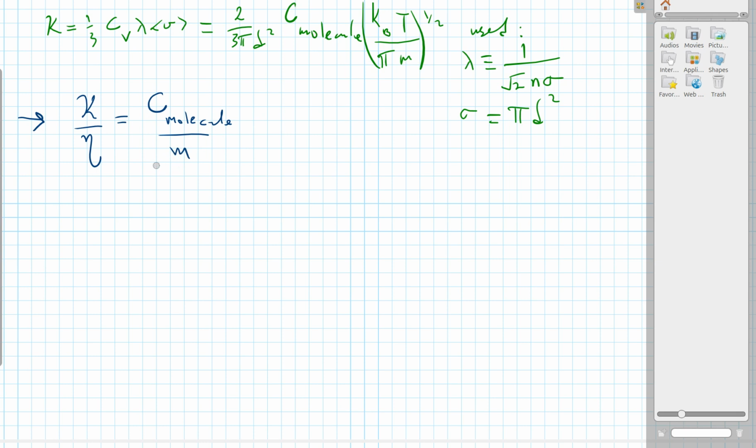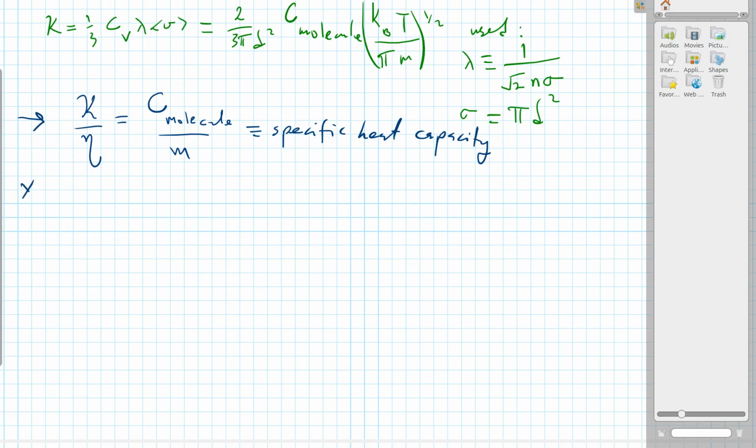If we divide the heat capacity of the molecule by the mass of the molecule, this is defined as specific heat capacity. This is a nice relationship, even though it is simplified.